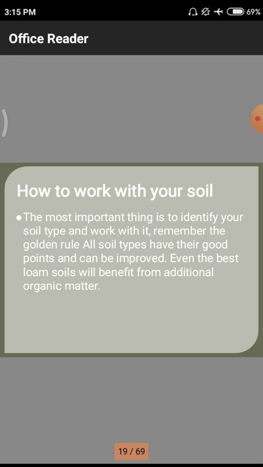The above point is mainly telling us that different types of soils are there. For those different types of soils we have a huge number of good properties, so we need to locate the particular good point of each soil. We need to pick that. After picking that point, we need to work on that particular property of the soil.